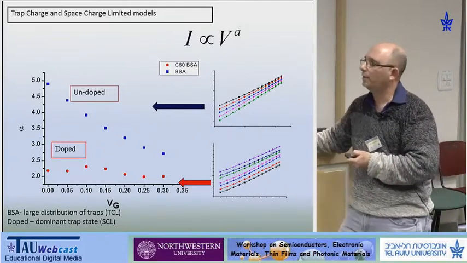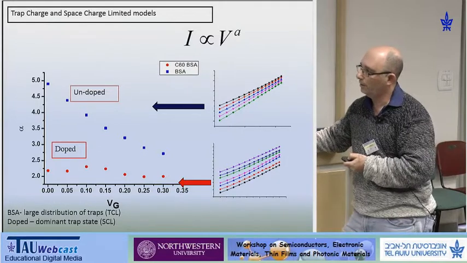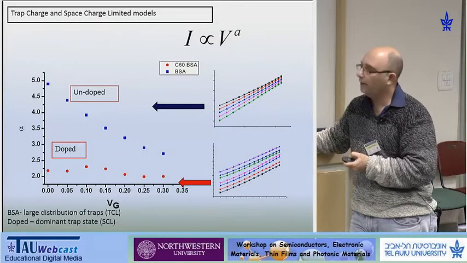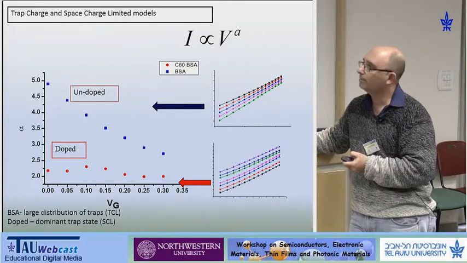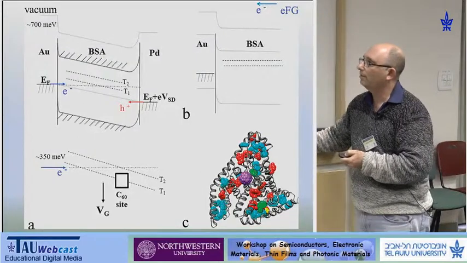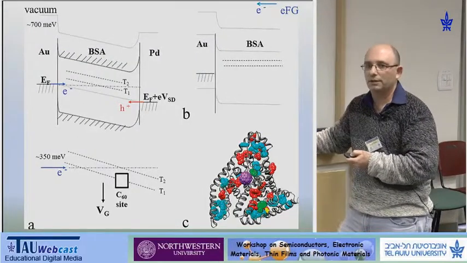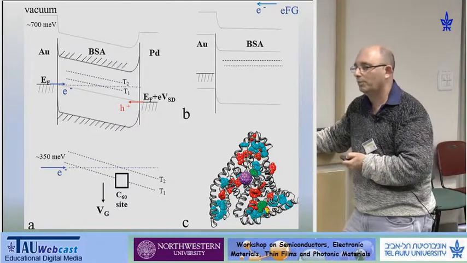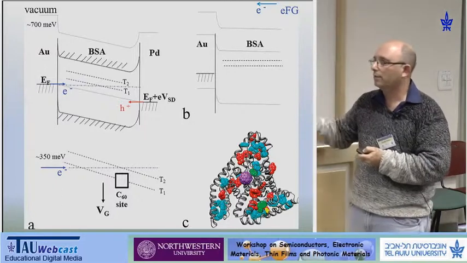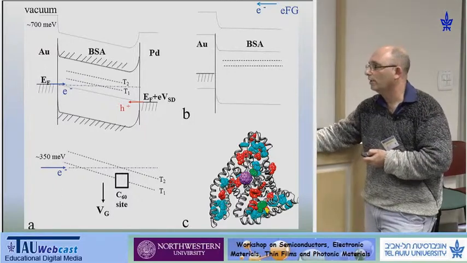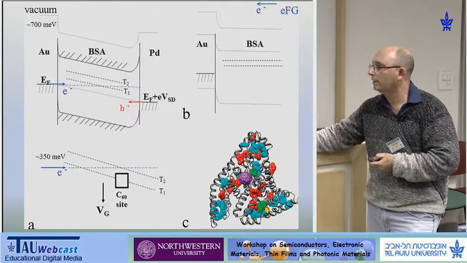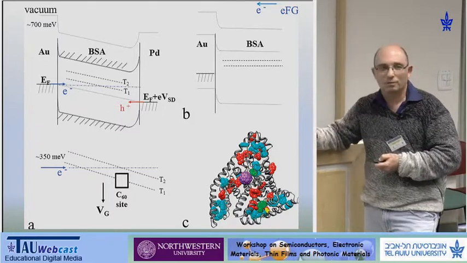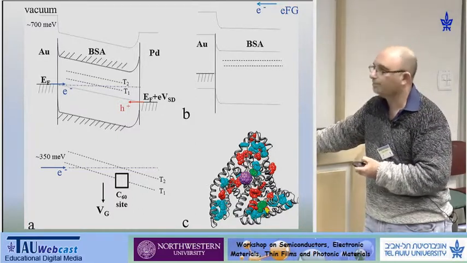With this and with some related spectroscopic techniques, we could find a plausible mechanism which says that there are some bands of defects inside the BSA monolayer. When we doped it, everything is governed by a single trap inside this monolayer. We could identify its energy level, and basically we concluded that we have some kind of a nanocapacitor, which is not surprising.